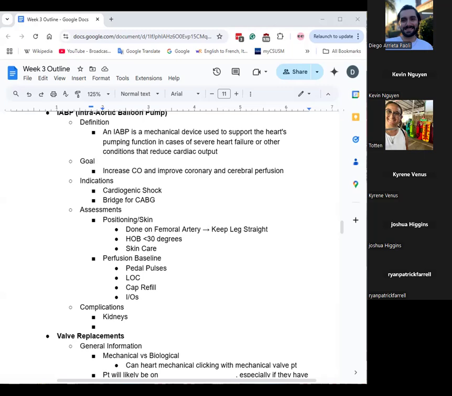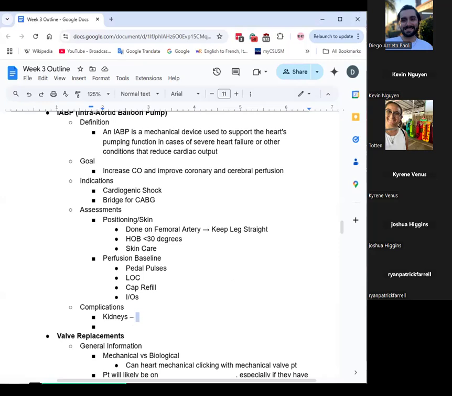Like one that actually points out the renal artery. That should work. Okay. So with the kidneys, yes, the IABP is able to potentially occlude it, so that's something to think about for sure.